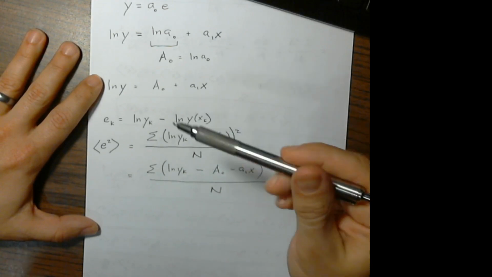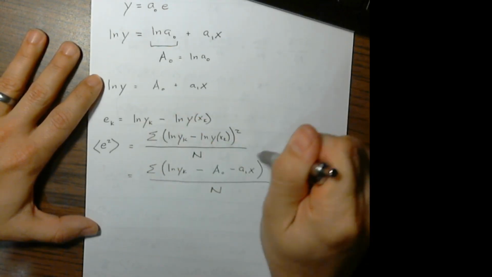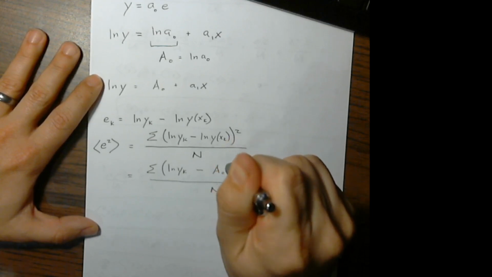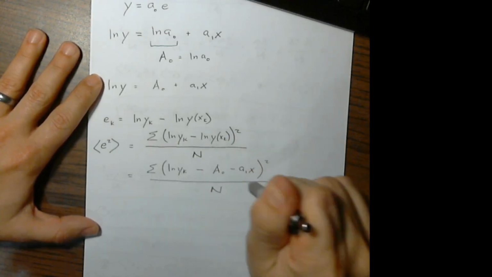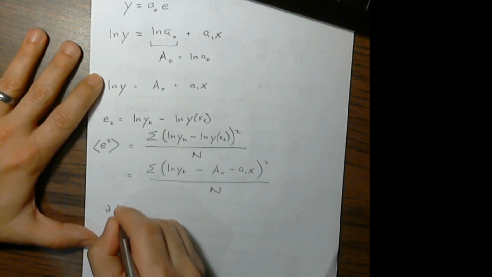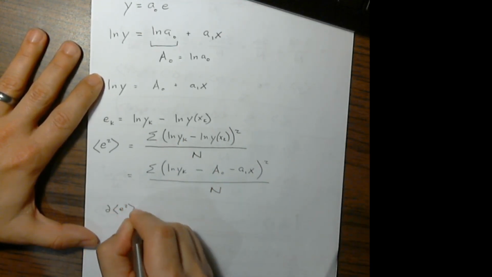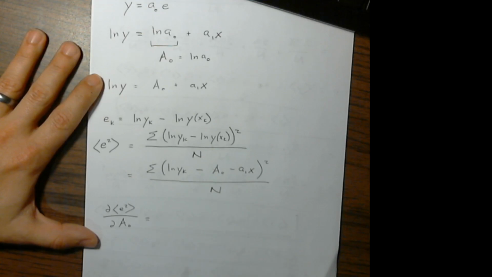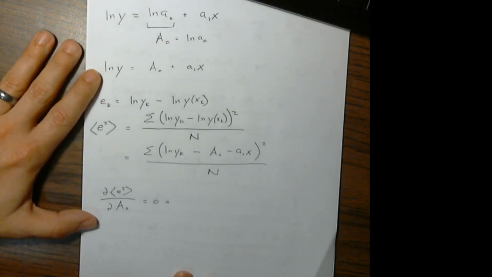So when that's true, at the minimum, the error will become insensitive to little tiny changes in these coefficients, which is why the partial derivative, that is, if I hold everything else constant and only vary one of these coefficients, that partial derivative will wind up being equal to 0.